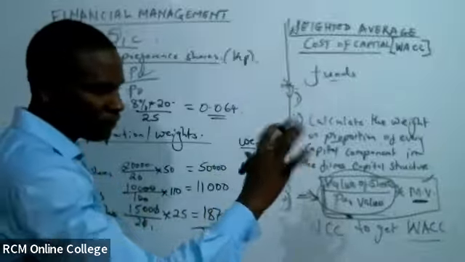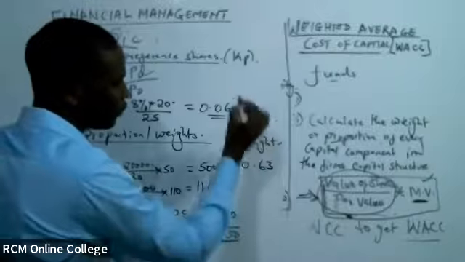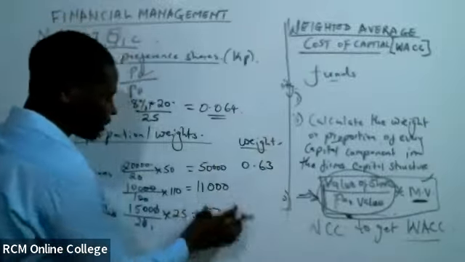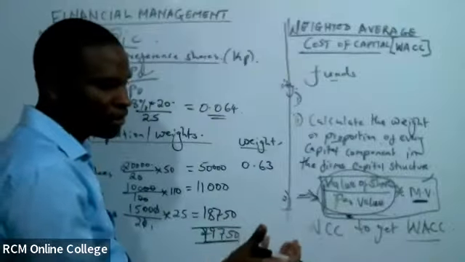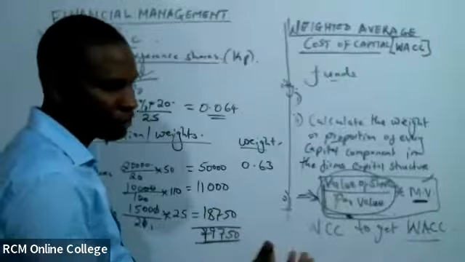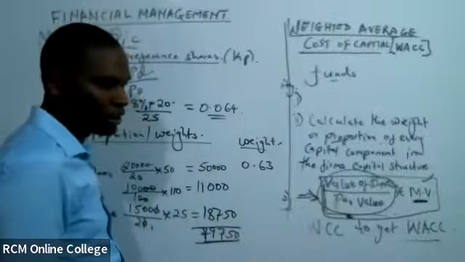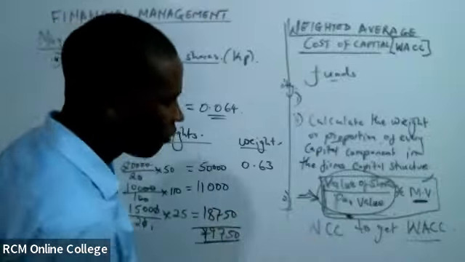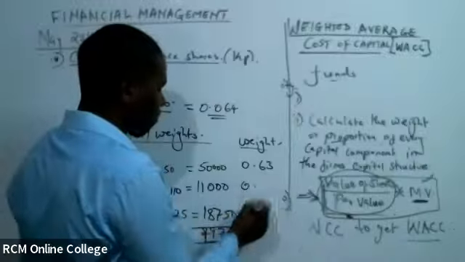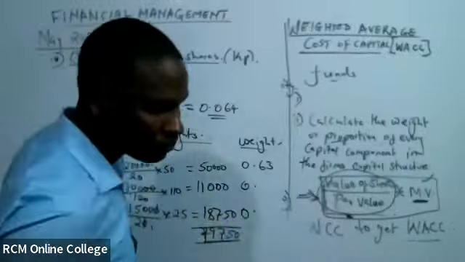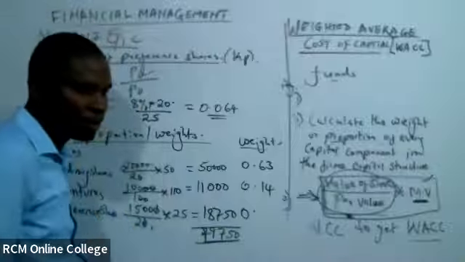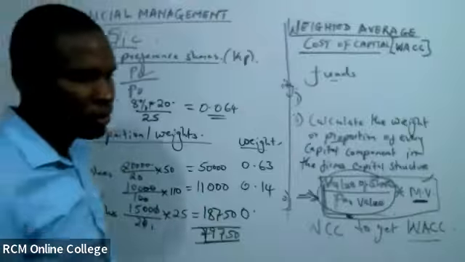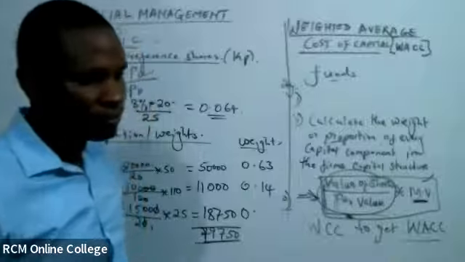That is the proportion, 0.63. Twende kwa ya pili: 11,000 divided by the whole. That is the weight of that security, the weight of that item. Ya tatu, 0.14, and the last one is 0 ngapi?